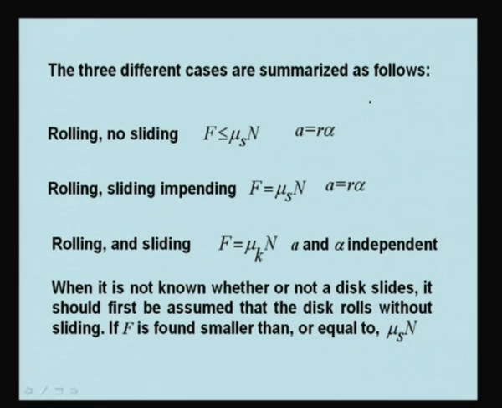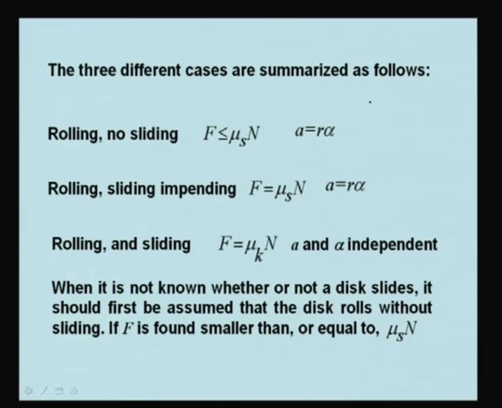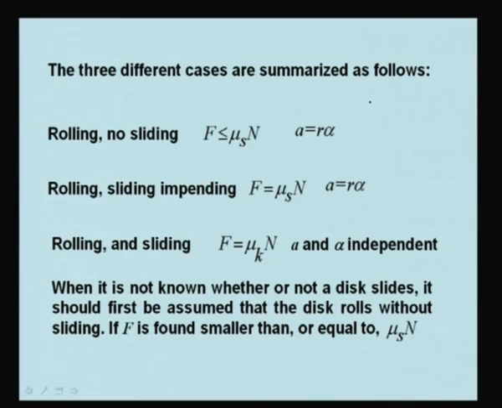Then you can have another situation where pure rolling is taking place but sliding is impending, that means sliding is about to begin. In that case, F will be exactly equal to mu s times N, and you will have A equal to R times alpha, where alpha is the angular acceleration and R is the radius of that disc.